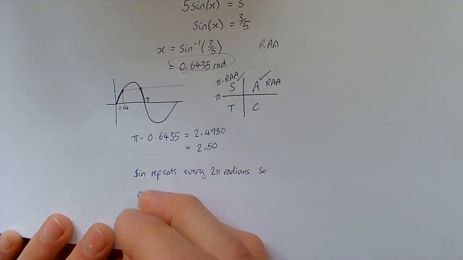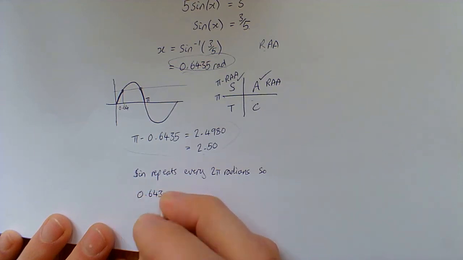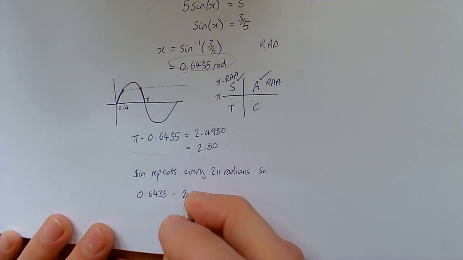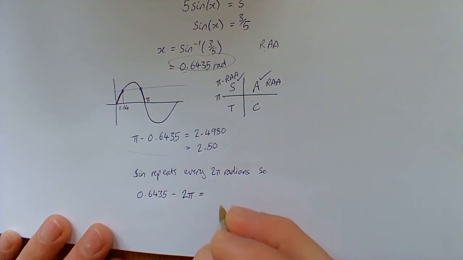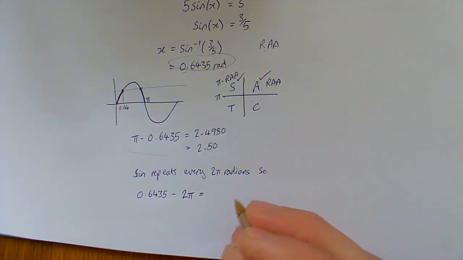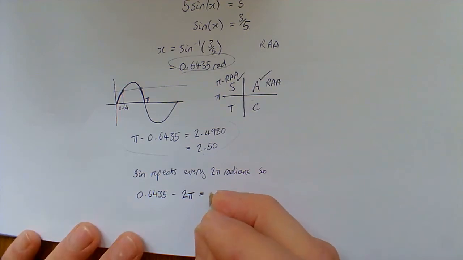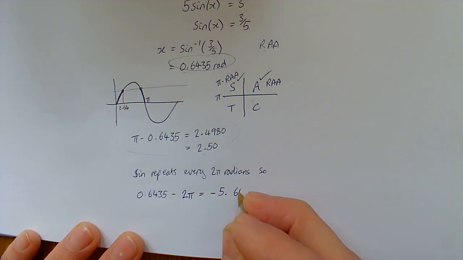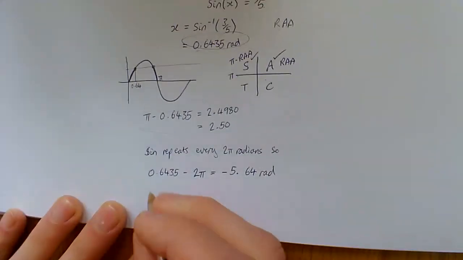But we can do 0.6435, take away 2 pi. Now, in the previous videos, I was doing lots of work with pies. Here we've got decimals, so we'll just plug that into the calculator. That gets us -5.64 radians. It's worth checking, but that is still bigger than -6.28, so we're fine. And it's still within range.